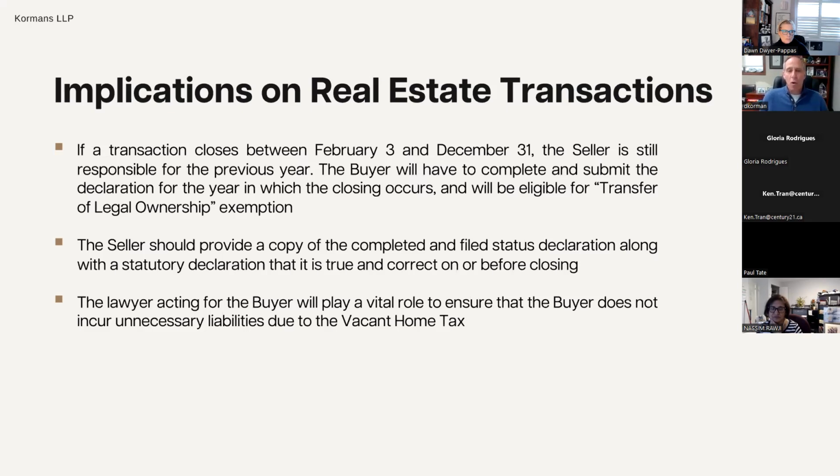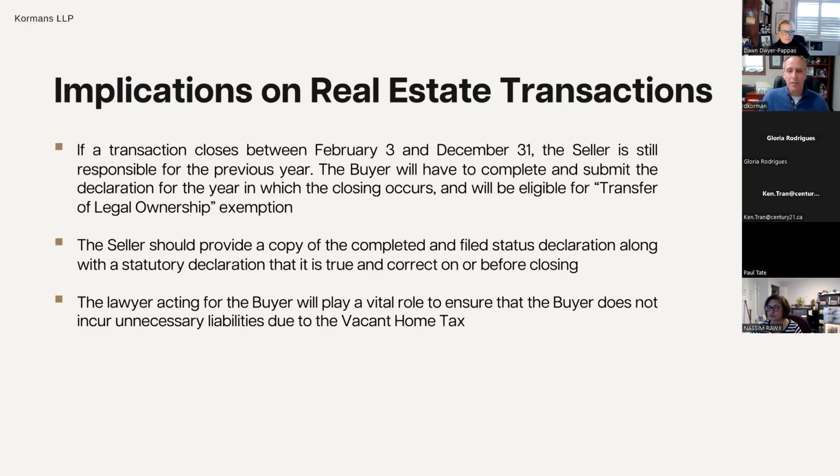But what we really want from sellers is a copy of the declaration that they did file. And from my point of view, I want them to sign a statutory declaration. If I'm acting for the buyer, I want the seller to provide us with a statutory declaration. They're swearing a document that I filed my declaration prior to February 2nd, and a copy of it is attached to my declaration.